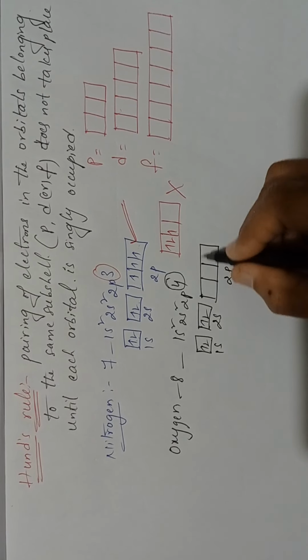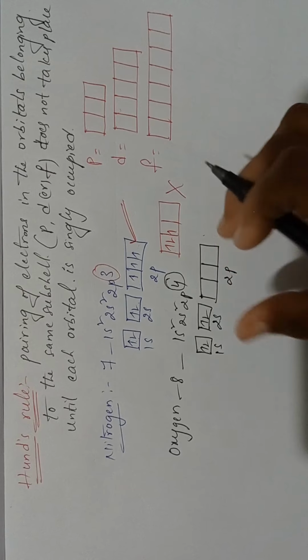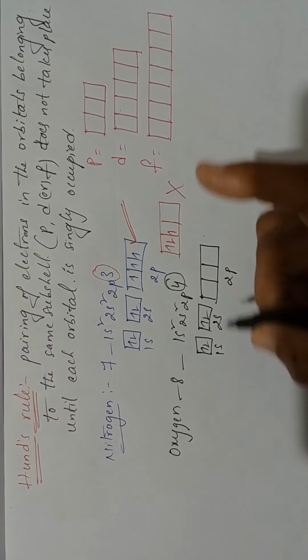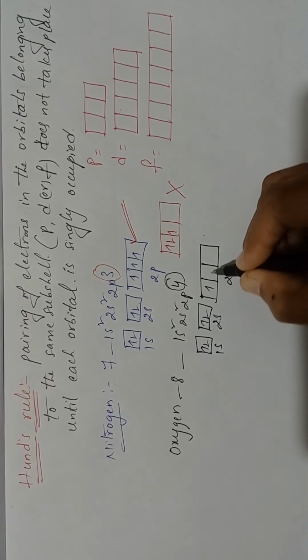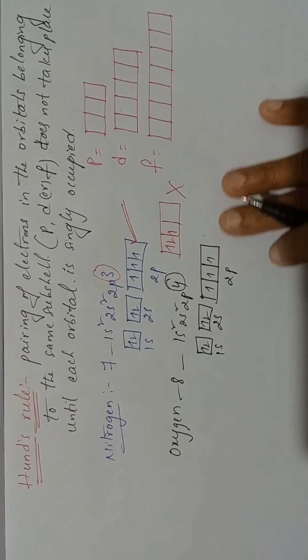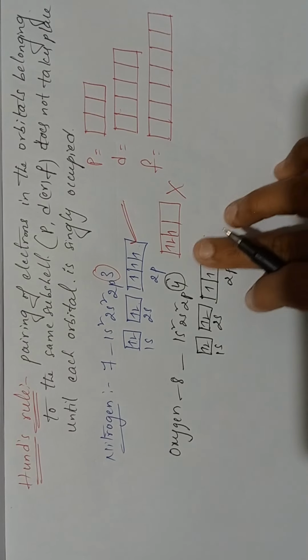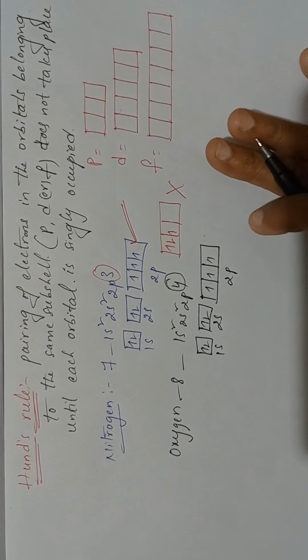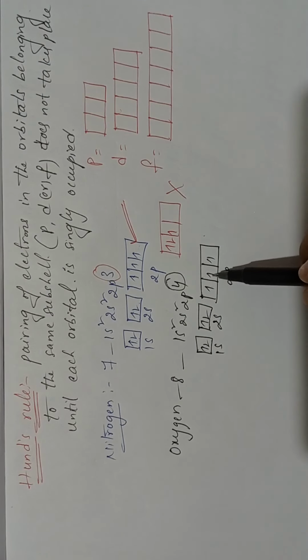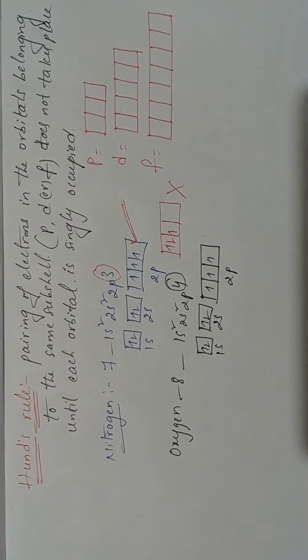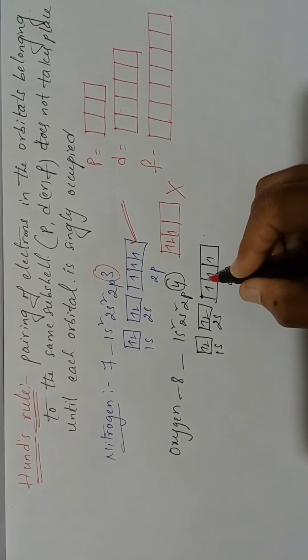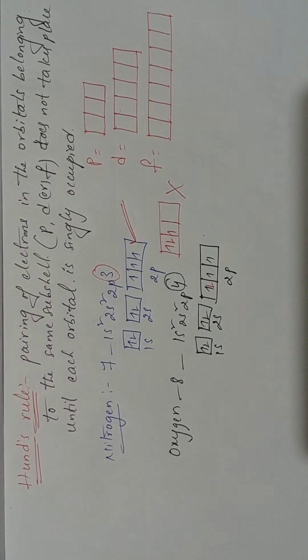How to fill? First, each orbital in the p subshell should be filled with a single electron, 1, 2, 3. So all orbitals are filled with a single electron. 3 electrons are completed. Now the 4th electron we have to pair. Are you clear on this one?